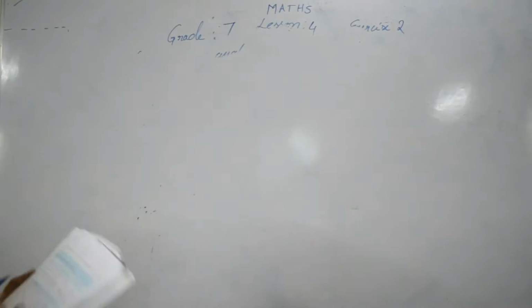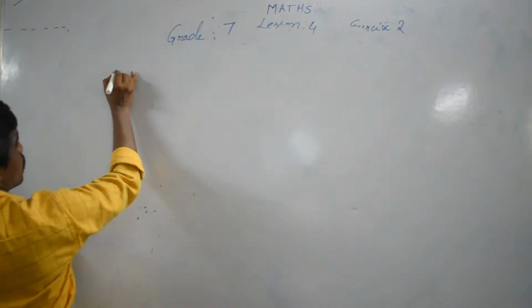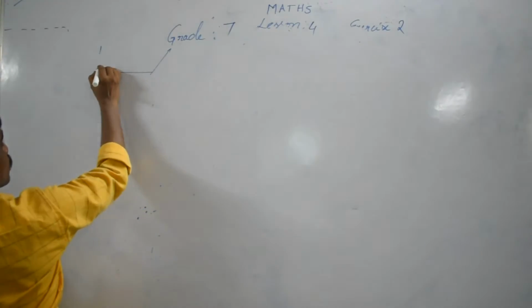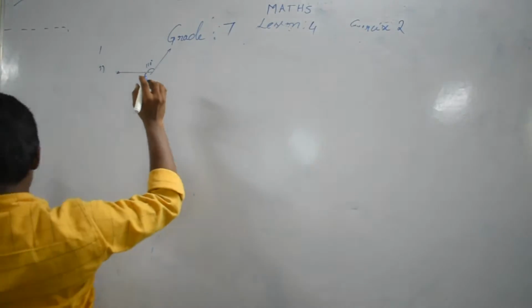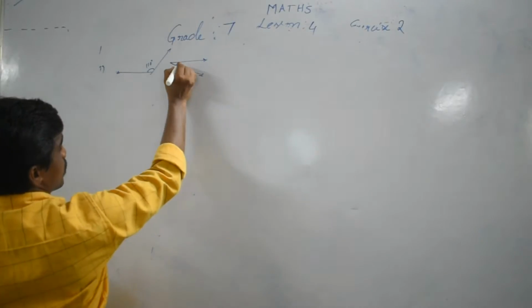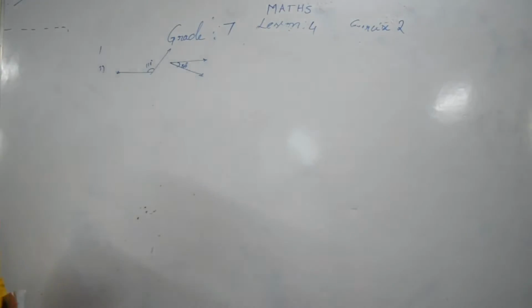First one: here 110 degrees is given. Next one, here 30 degrees is given. So here 110, here 30.